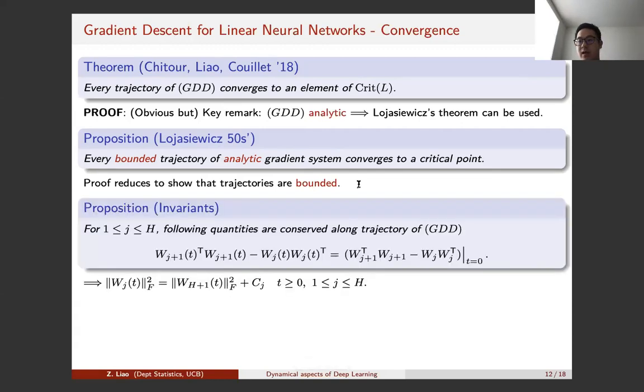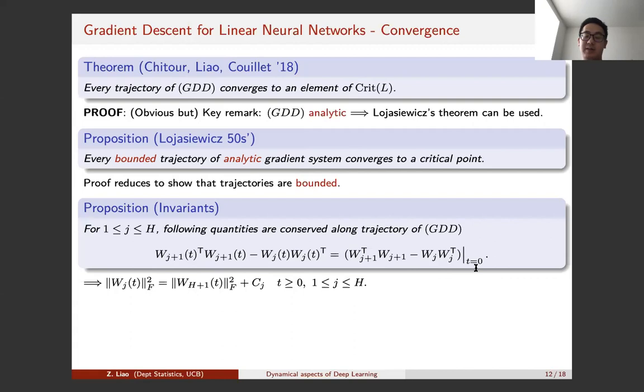And this can be done by introducing the following invariant structure of our gradient descent dynamic. So in fact, we can show that this difference of matrices is going to be conserved along this trajectory of gradient descent dynamic. And so in fact, this difference is always going to be equal to some constant matrix that only depends on its initialization.